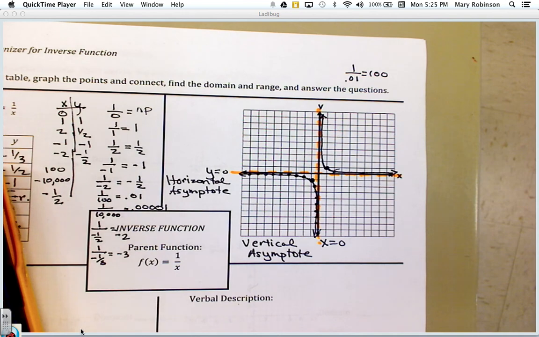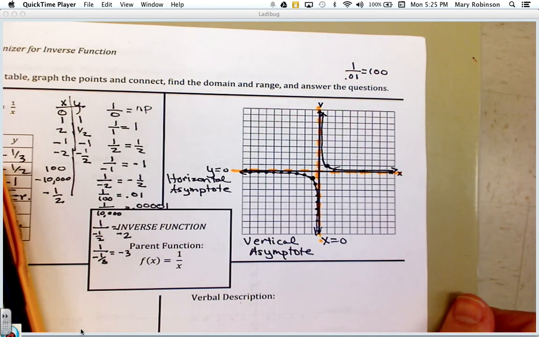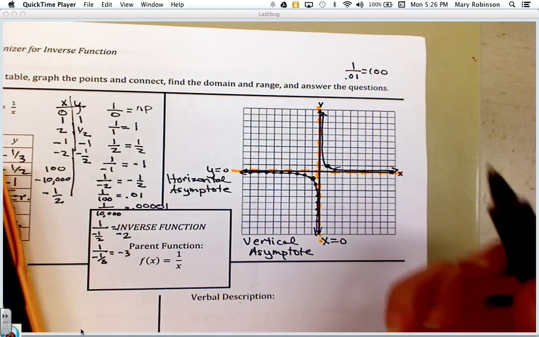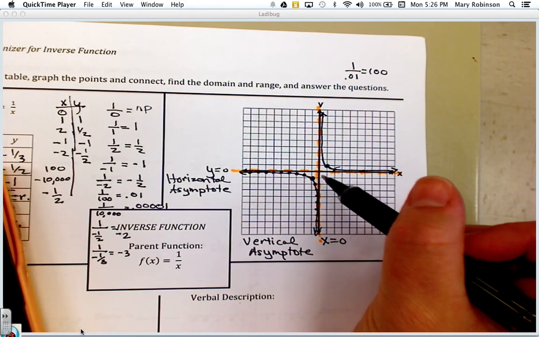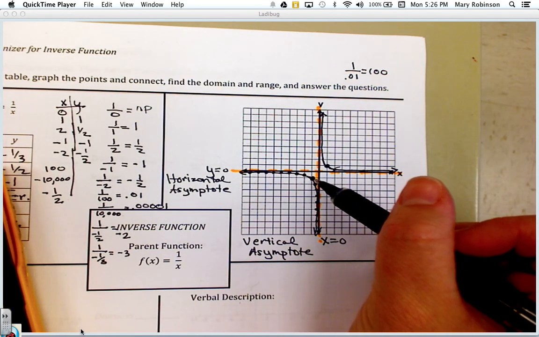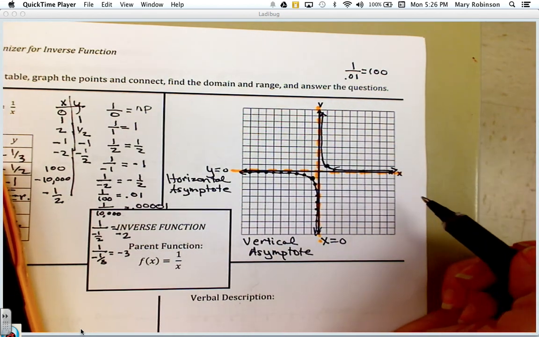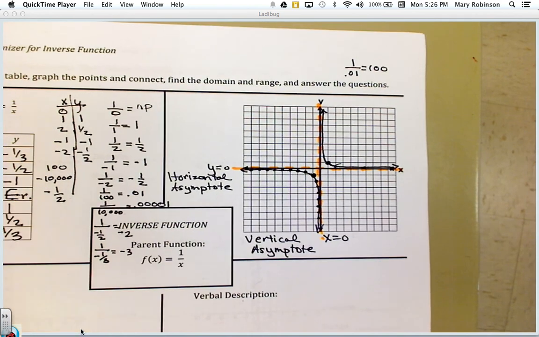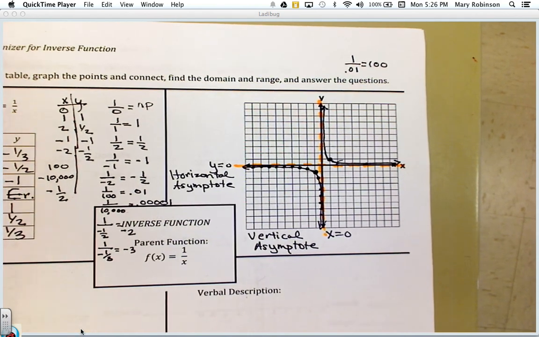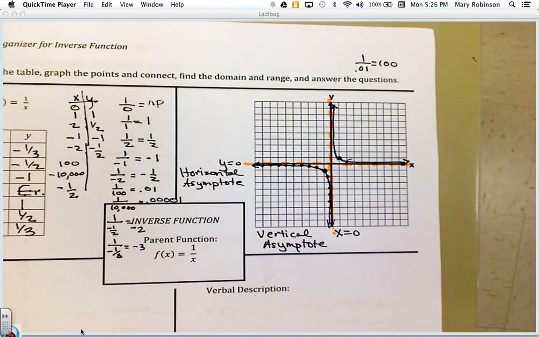Horizontal asymptote and vertical asymptote. So really, the points that I'm going to need to consistently see on your function are the points 1, 1 and -1, -1. And then after that, you can just make sure your graphs are approaching your asymptotes. So it's very important to understand the asymptote concept for this particular function.